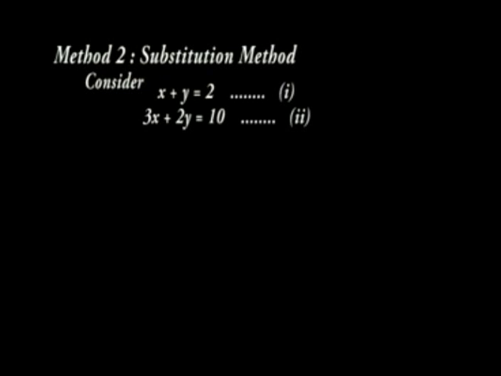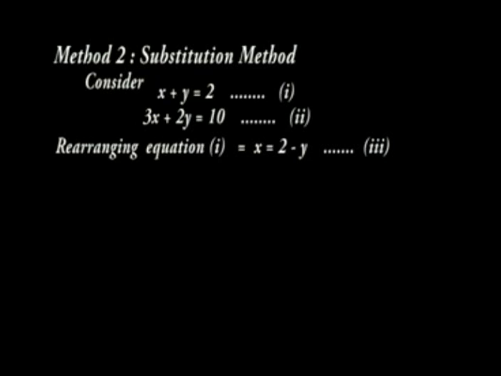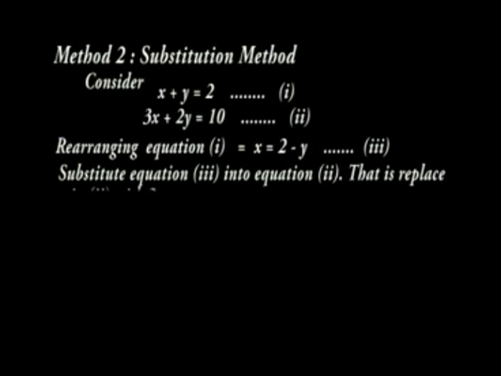Method 2 is the substitution method. Consider x plus y equals 2 and 3x plus 2y equals 10. Rearranging equation 1, we can have x is equal to 2 minus y. Let's now substitute equation 3 into equation 2.